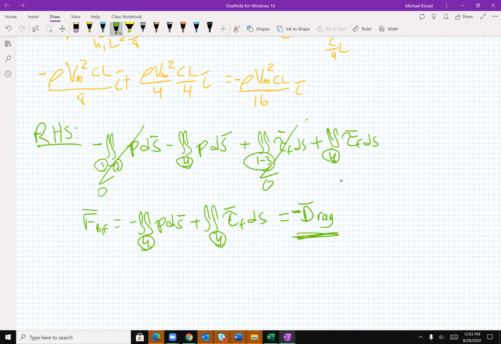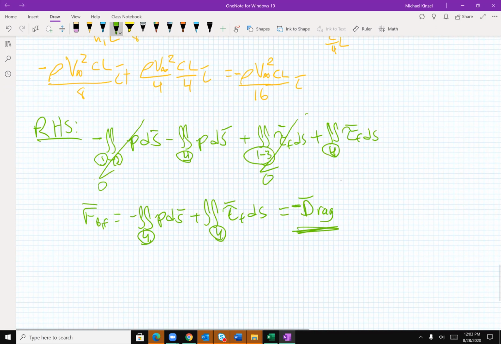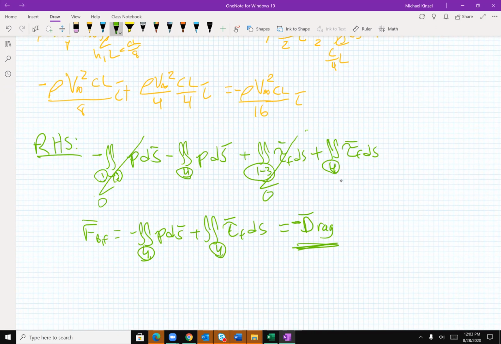So let's compute this. How do we compute it? We plug it back into our equation. Remember, we have our left-hand side and our right-hand side. Our left-hand side was given as this equation right here, negative rho V infinity squared chord times L on 16 in the I direction, which is going to be equal to our right-hand side, which is the force of our body on our fluid.